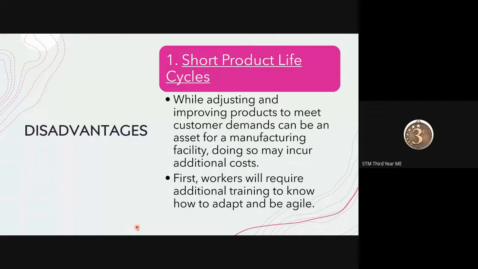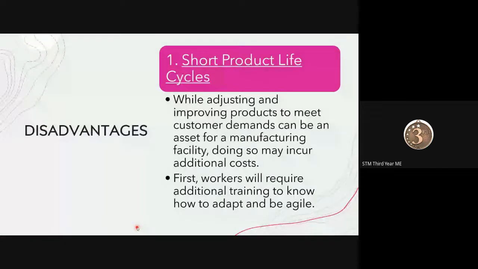So there is no particular time for a previous product to be saturated in the market. That product is immediately replaced by another product depending upon the demand of the customer. Okay, so that is what is happening under short product life cycles.